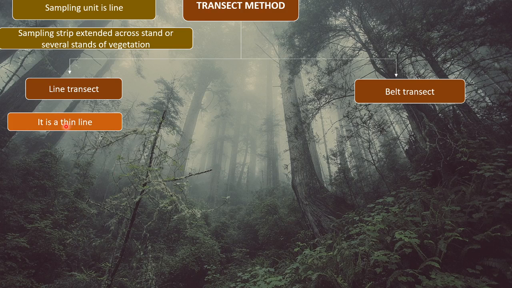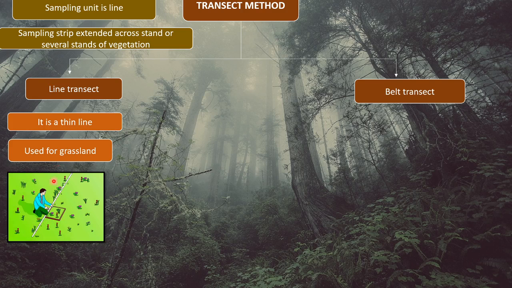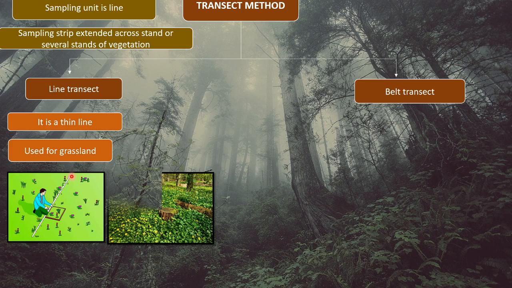Line transect means that we are taking only a thin line, and this is mainly used for grassland. This figure that you see is an example of line transect. So this is one line that we have considered, right? This is a definite line, a kind of straight path.